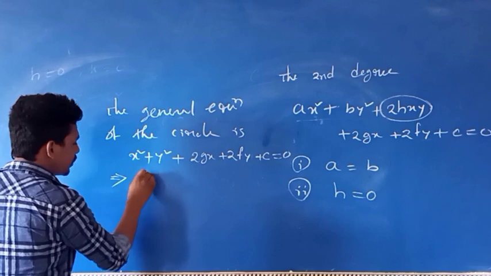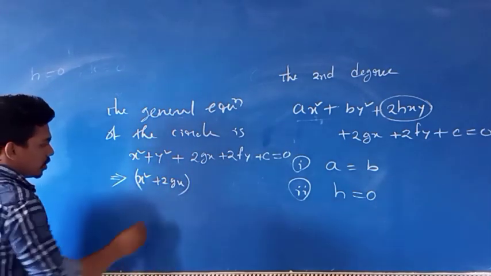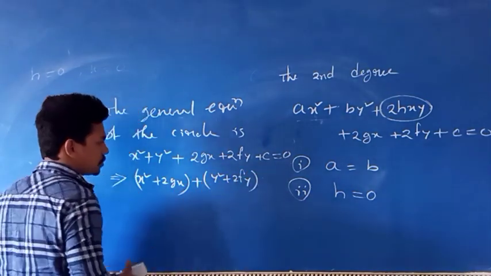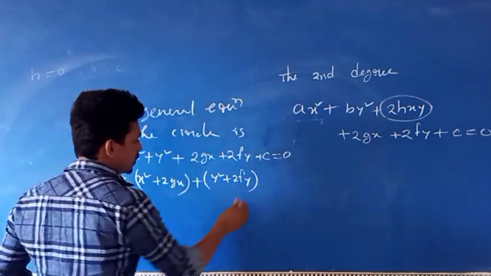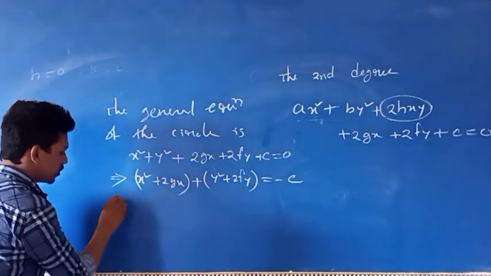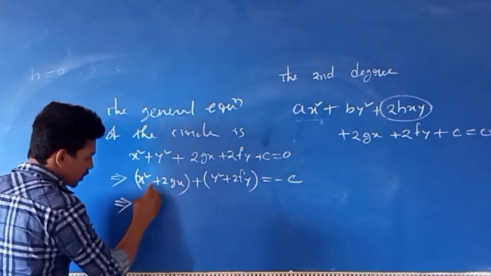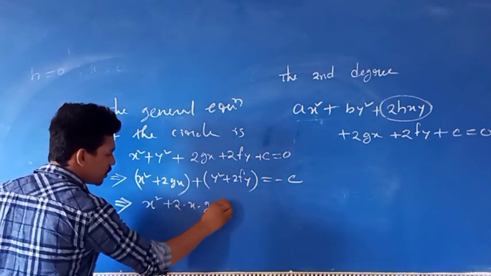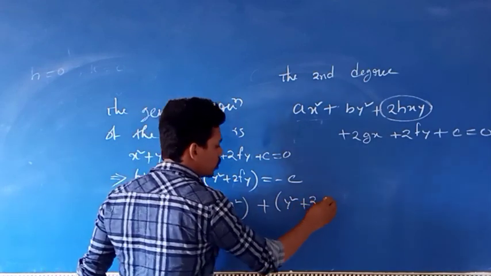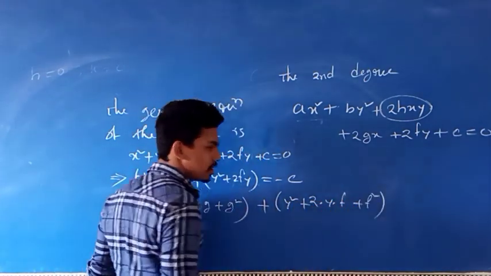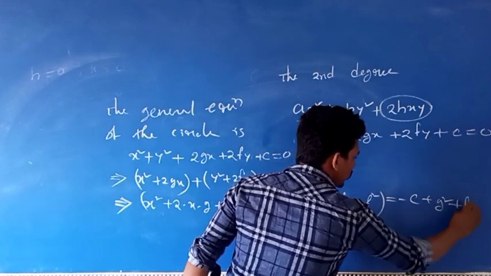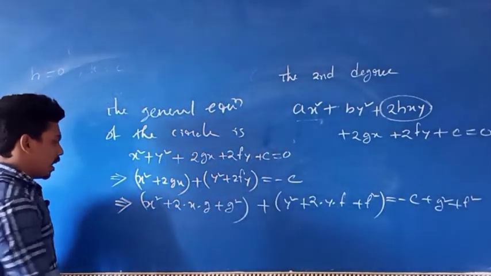So first of all, we separate the x terms and y terms and the constant term. x square plus 2 into x into g plus g square, y square plus 2 into y into f plus f square is equal to minus c plus g square plus f square.